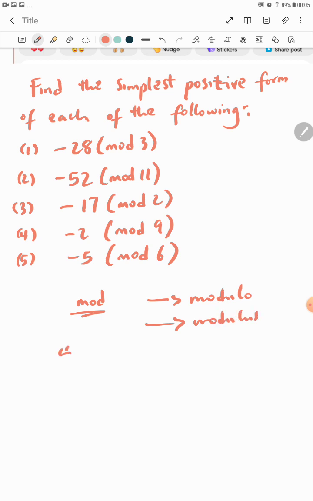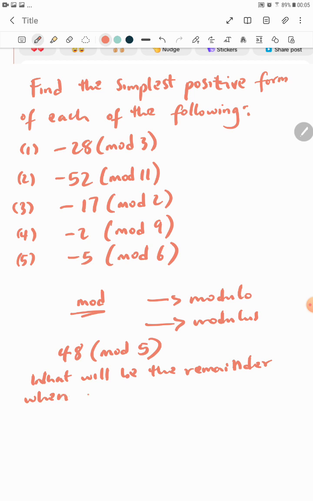So for example, if you have 48 mod 5, what is the interpretation? It means: what will be the remainder when 48 is divided by 5? So that is how you can easily interpret this.